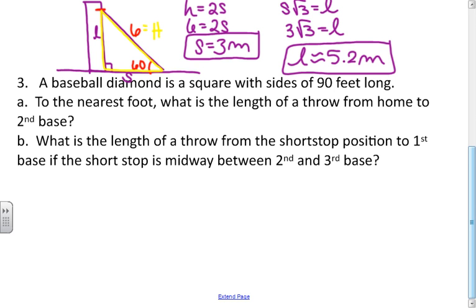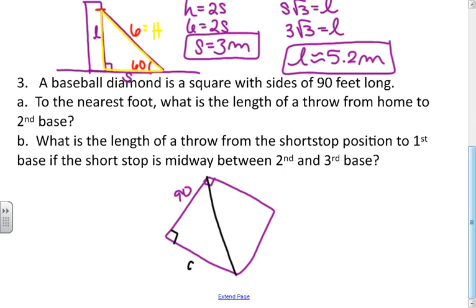In the next example, a baseball diamond is a square with sides of 90 feet long. To the nearest foot, what is the length of a throw from home to second base? Well, clearly that is the hypotenuse of what becomes a 45, 45, 90.